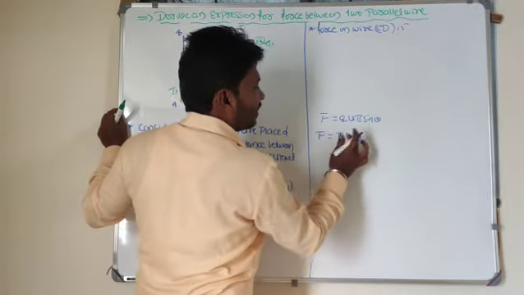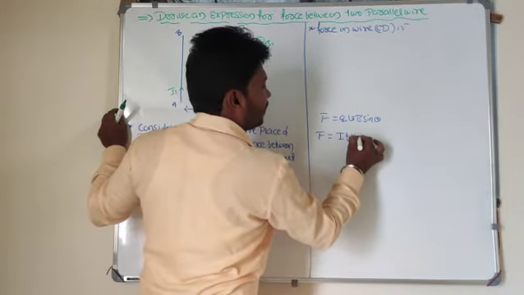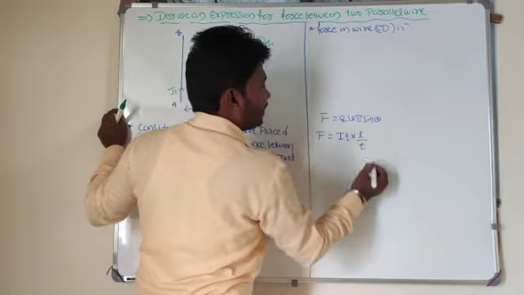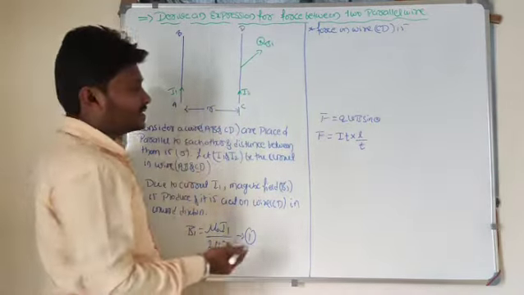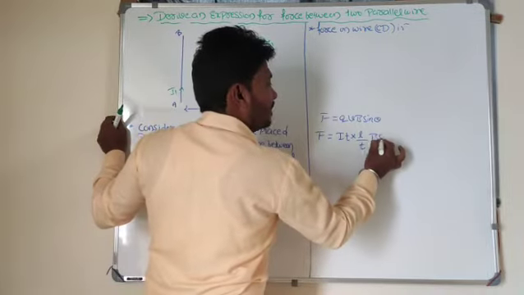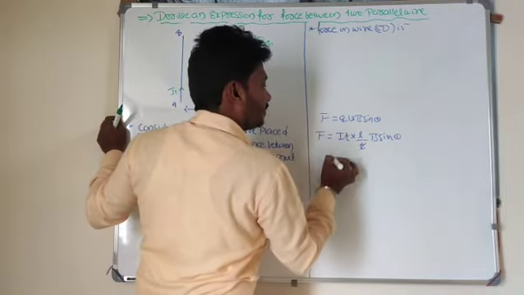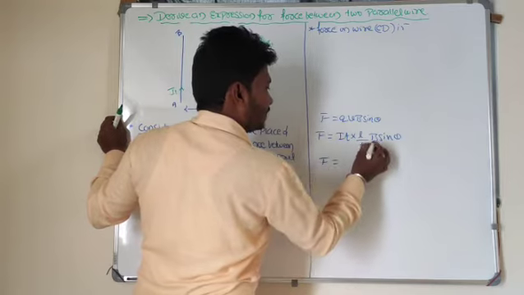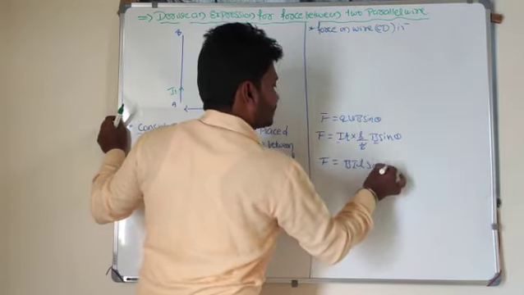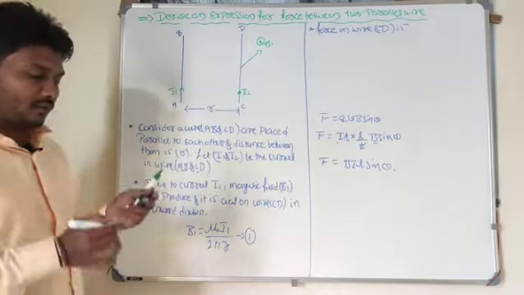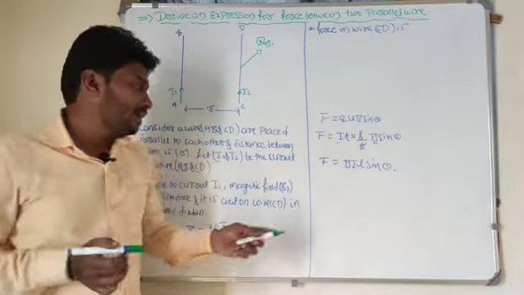Q is equal to current into time. Velocity is equal to distance divided by time. Distance means the length of the conductor, which I take as L, into B sin theta. The t term gets cancelled out. So F is equal to BIL sin theta.